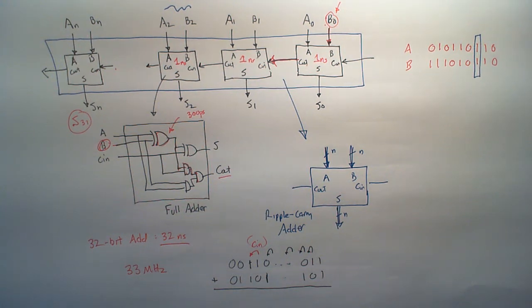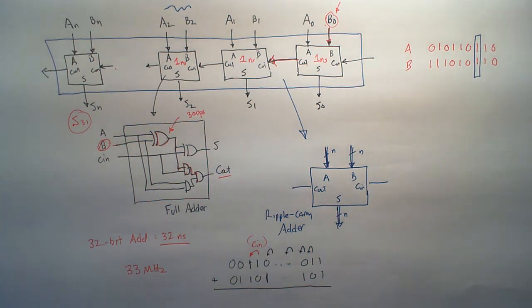Okay, so I introduced the concept of ripple carry adders a couple of videos ago and talked in the last short video a little bit about one of the problems with the ripple carry adder, and that is that it executes very slowly.